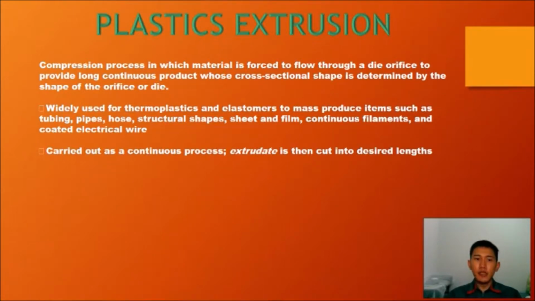Plastics extrusion is widely used for thermoplastics and elastomers to mass-produce items such as tubing, pipes, hoses, structural shapes, sheet and films, continuous filaments, and coated electrical wire. It is carried out as a continuous process. The extrudate is then cut into desired lengths.